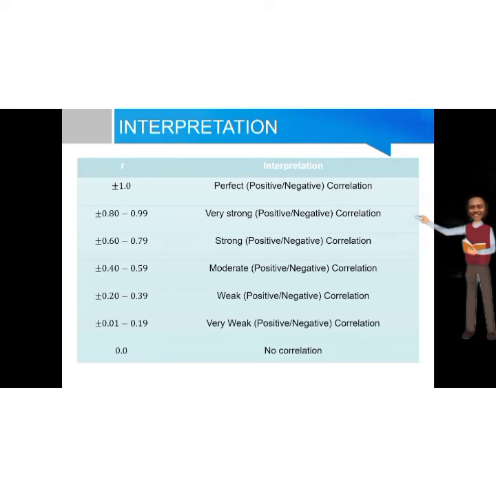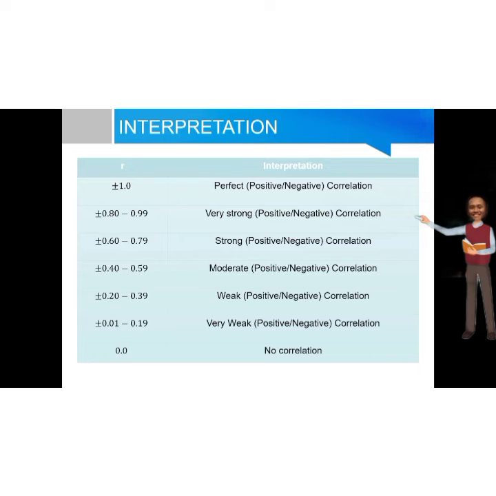Interpretation. Positive or negative 1.0 is equals to the perfect positive or negative correlation, while positive or negative 0.80 to 0.99 is very strong positive or negative correlation. Positive or negative 0.60 to 0.79 is strong positive or negative correlation, while positive or negative 0.40 to 0.59 is the moderate positive or negative correlation.